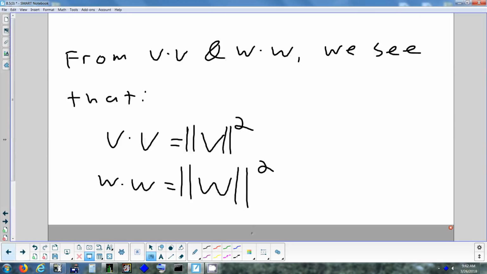But in the next class, I'm going to prove where the formula comes from, and I need this result to do it. I can't get through the proof without knowing that dotting a vector with itself is the magnitude squared. This allows me to simplify something. For you guys, it's just more of an observation. We're not really going to use a proof at all.